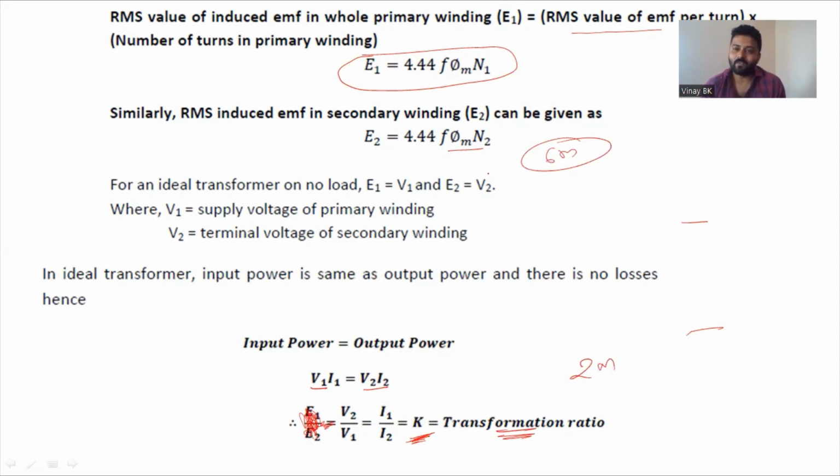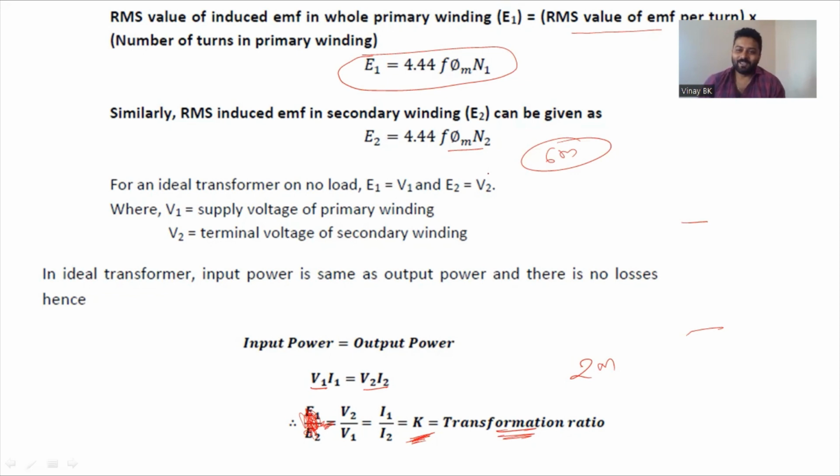After that, you define the form factor. With the help of that, define the RMS value, that is 4.44 f into phi m. For the primary winding side, you multiply by N1, and for the secondary winding side, by N2. So E1 is 4.44 f into phi m into N1. Similarly, for the secondary side, E2 is 4.44 f into phi m into N2.